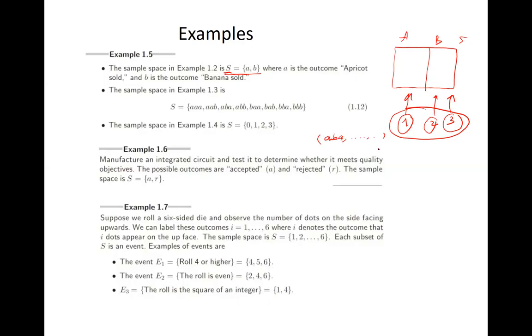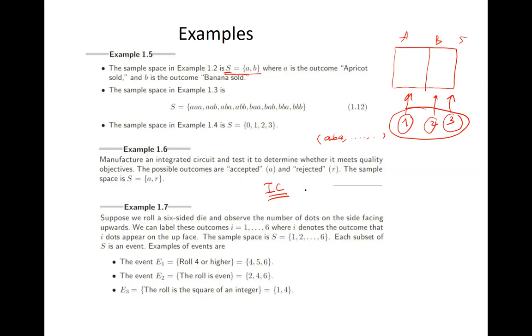Okay. And one more example that we'll be dealing with frequently in this course is the IC, integrated circuit manufacturing process. When ICs are manufactured, they are tested whether they work or not, or whether they meet the quality objectives or not.